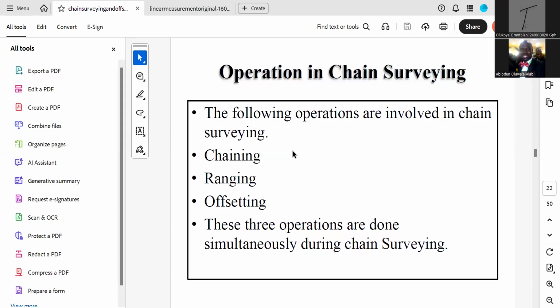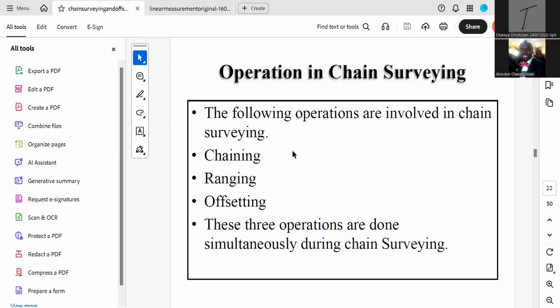This last person, I'll give you 10 over 10 if I'm to score you. Okay, I'm satisfied. So we say chaining is measurement of distance using chain or tape. The first two speakers just said measurement of distance. You did not tell us what instrument we use.